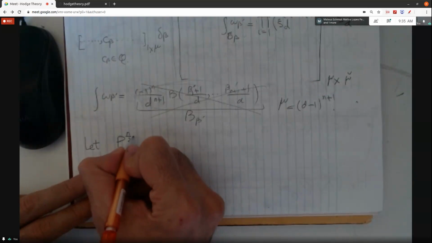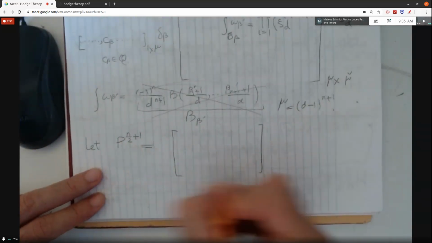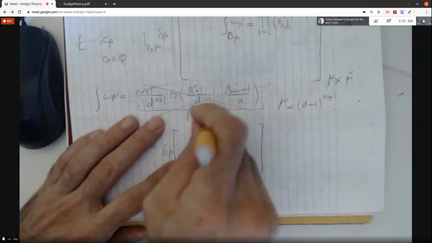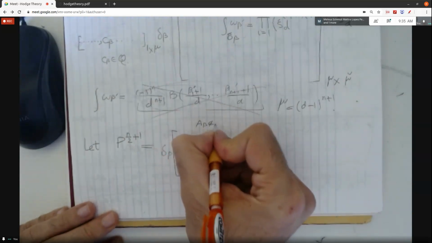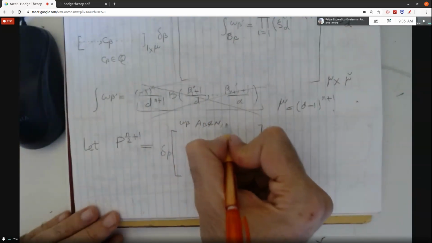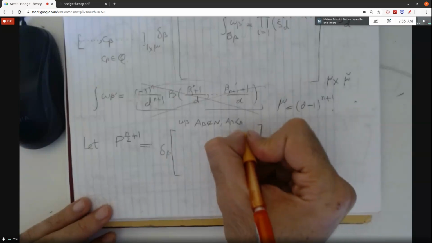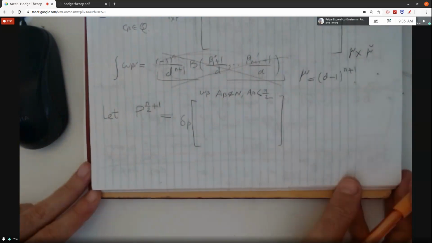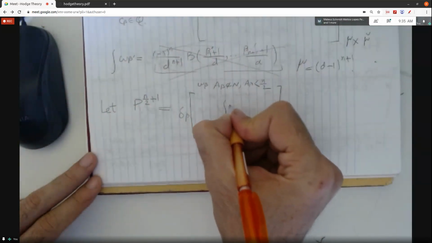Okay, n half plus 1. So let's define this one also the same. Here delta beta, but here in the columns, let's put the ones that we need. So we will put omega beta with beta less than n half.